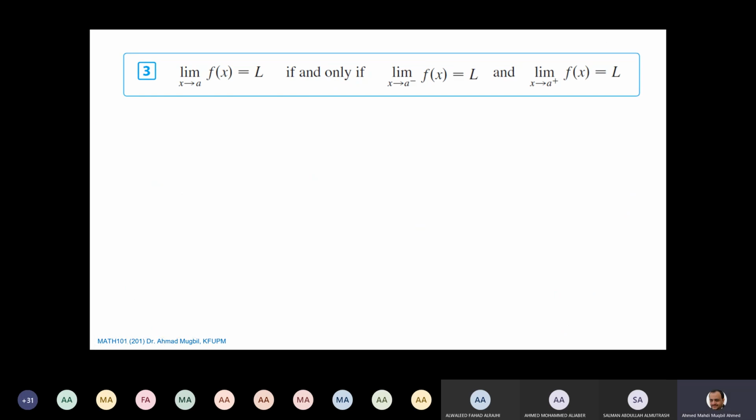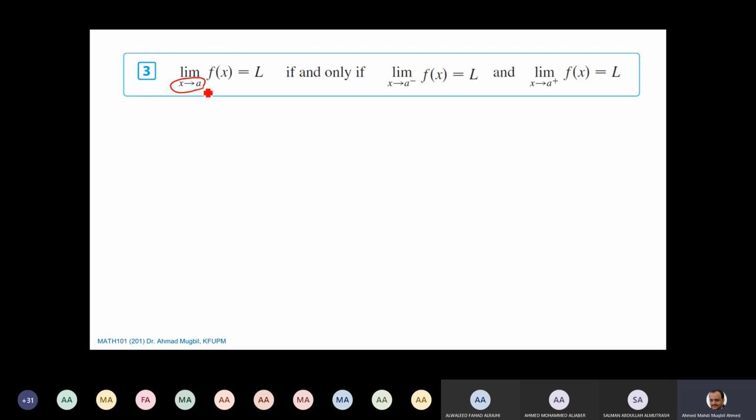Okay, why is it important to talk about the limits from the right and from the left? Because if the limit exists, then the limit from the right should be the same as the limit from the left. So we have this theorem: the limit of the function when x approaches a.